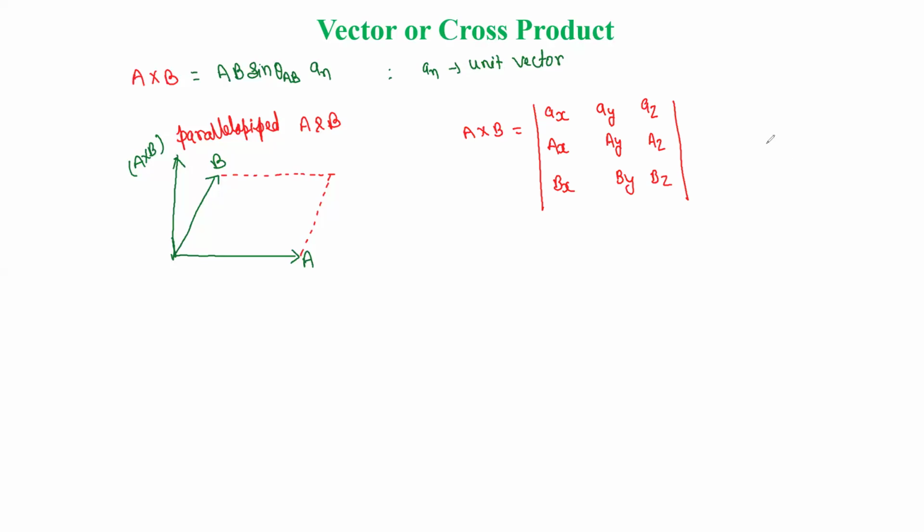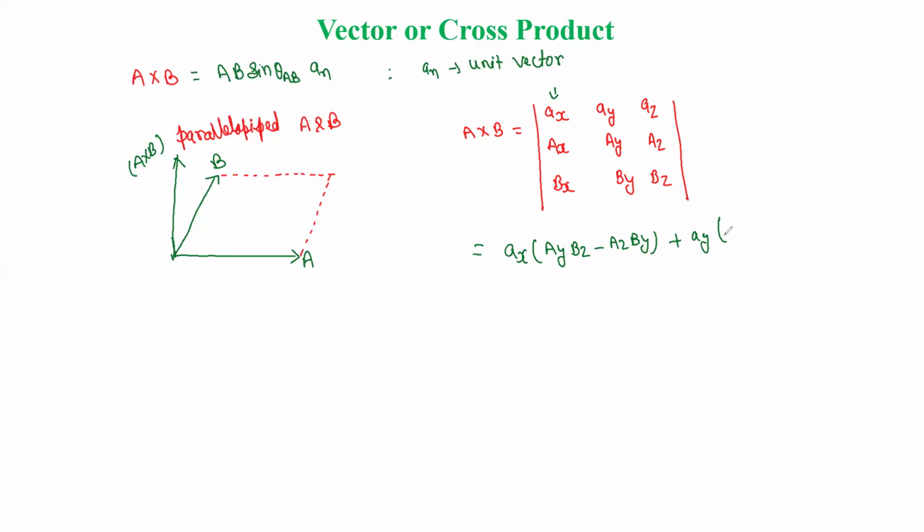For that purpose, first we can write with the help of a determinant or matrix format. For the expansion, first we take the component ax. So here we get Ay Bz minus Az By. The rows and columns of the vector we are considering are neglected. Next we have ay.